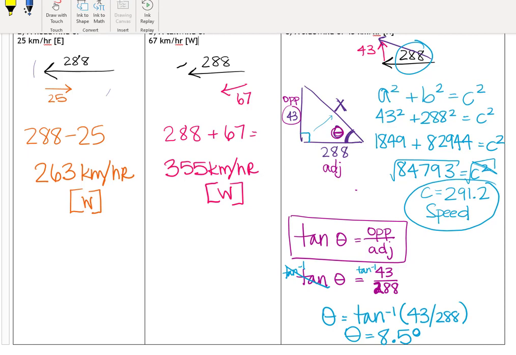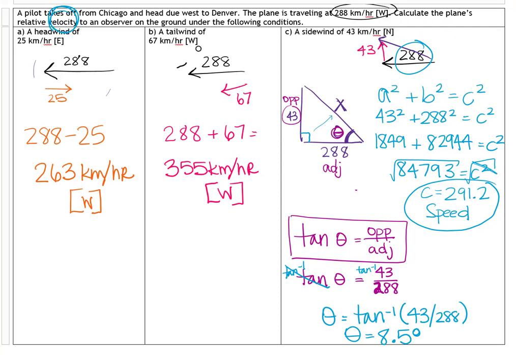Now, this is the part that gets a little tricky because we have to put all this together. We got to put the speed and the direction in our vector terms. So remember, we have our number first. I'm going to come over here because I'm running out of room. 291. And remember, our units are kilometers per hour. And then we need our direction.